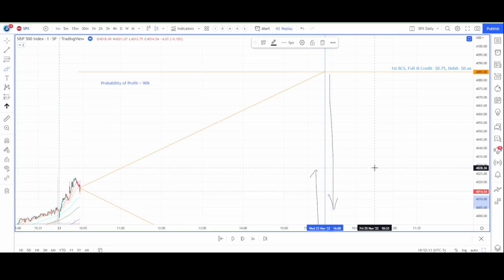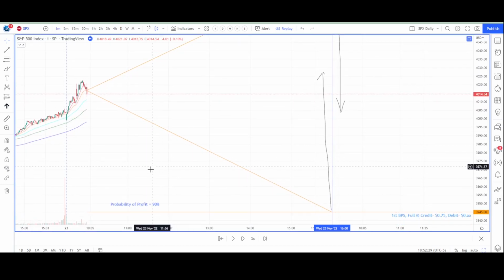That said, you might think that the overall probability of profit would be 90% because we have 90% up here for our bear call spread, and we have 90% for our probability of profit down here on our bull put spread. But unfortunately, that's not how statistics works.